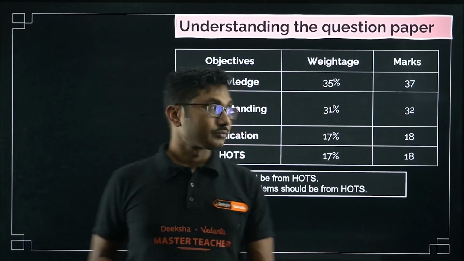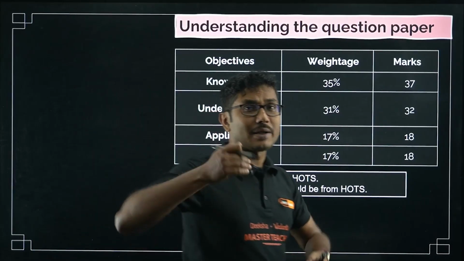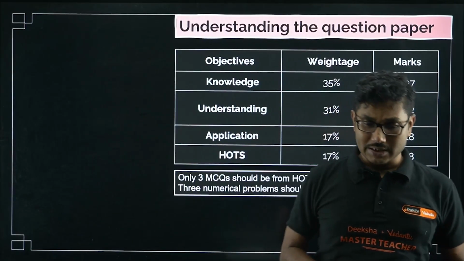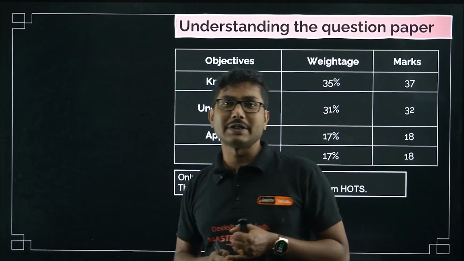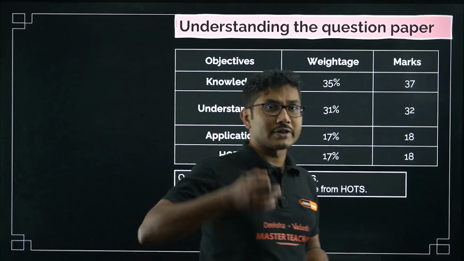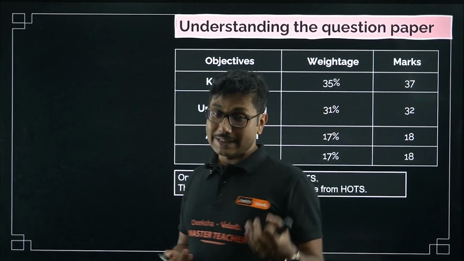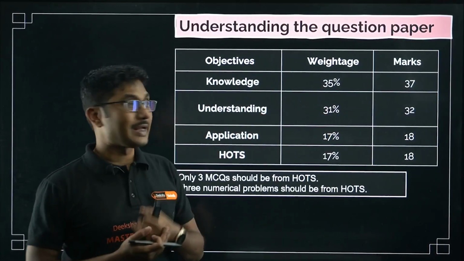Whereas understanding based questions require some sort of understanding of the concept. All the derivations basically come under the understanding based question. All small derivations, long derivations, whatever derivations you are doing, are a type of understanding based question.